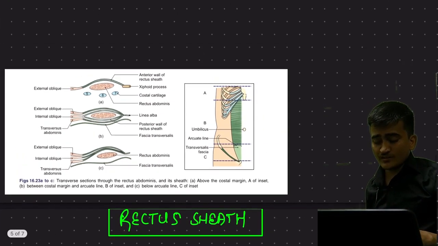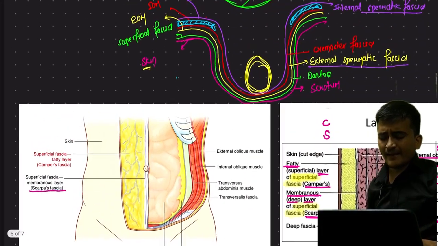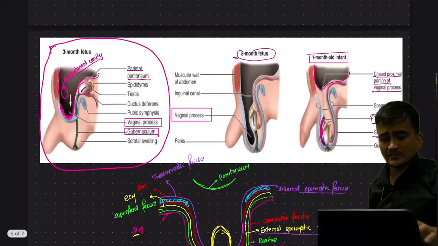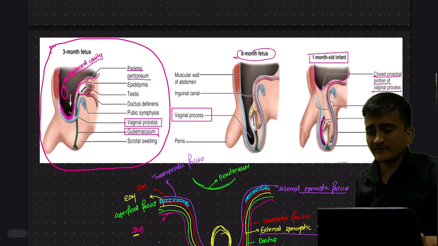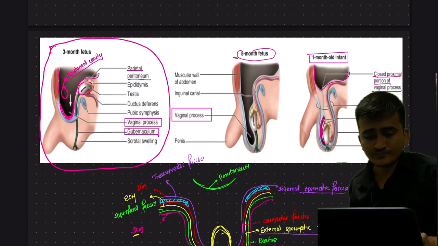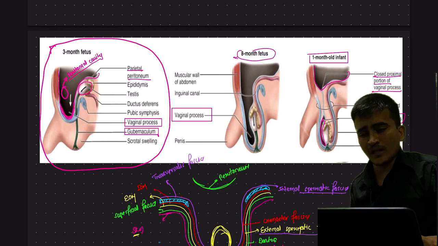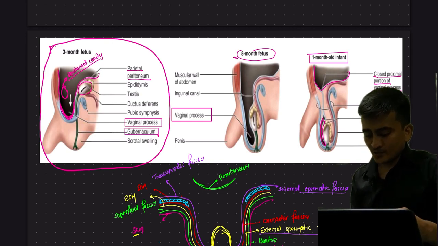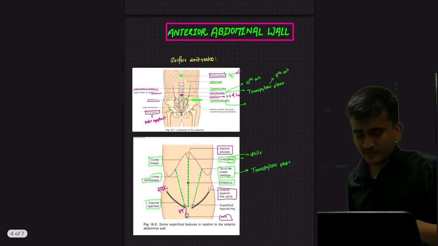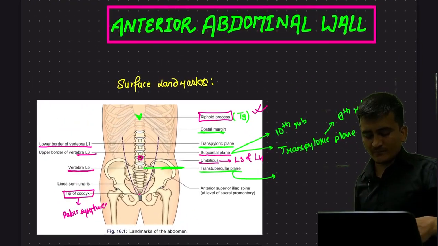So this was about the abdominal muscles and rectus sheath. So this is all about the rectus sheath and anterior abdominal wall. What we did is, initially we talked about surface landmarks, right?